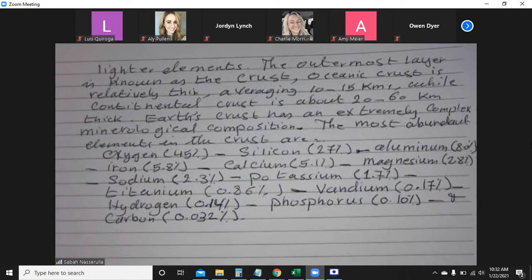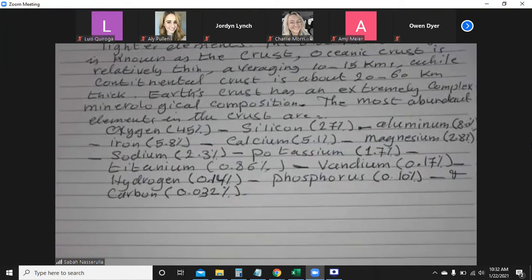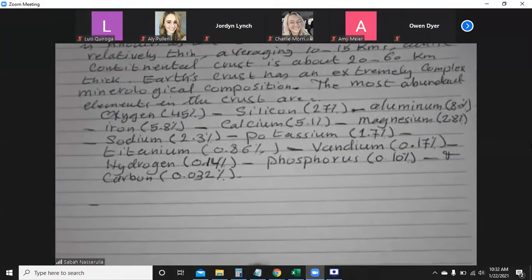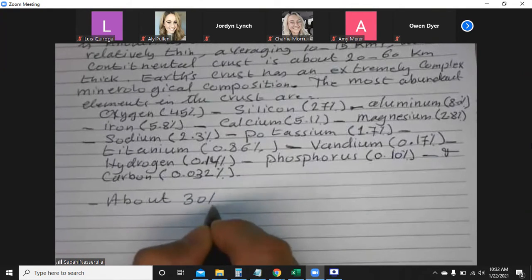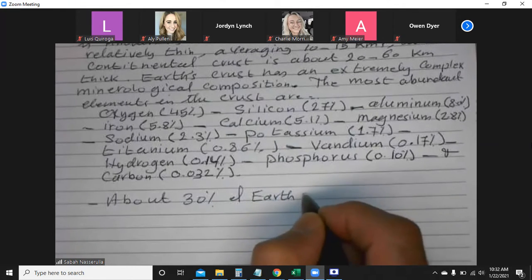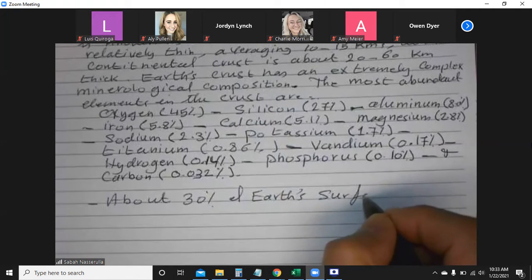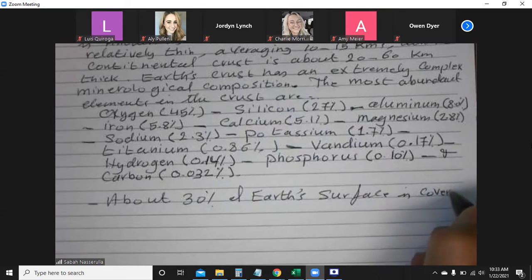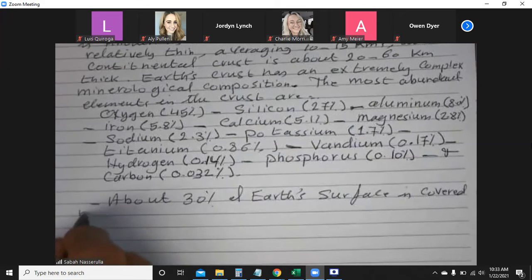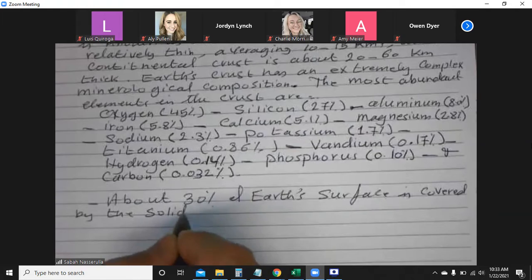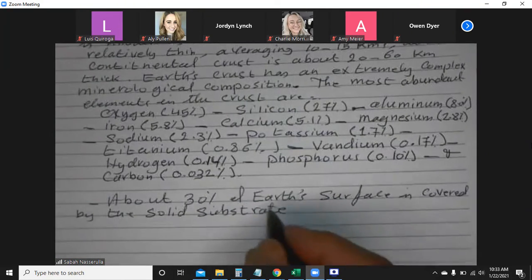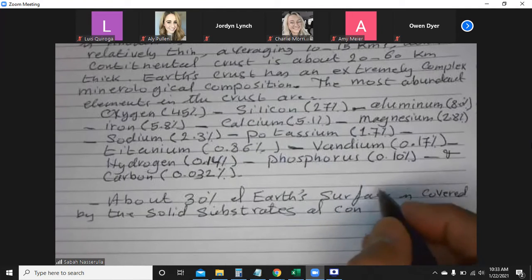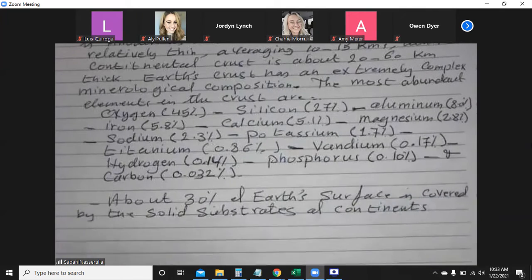Now, as you already know about the Earth itself, about 30% of the Earth's surface is covered by the solid substrate of continents and islands.